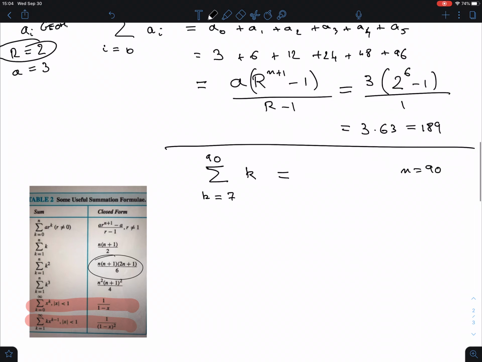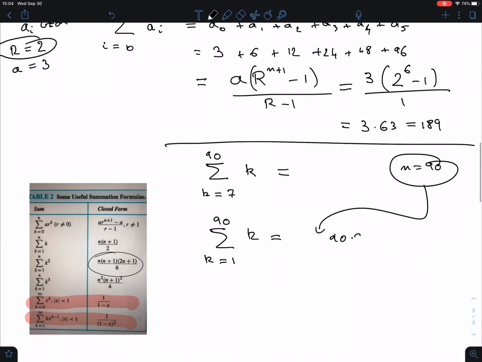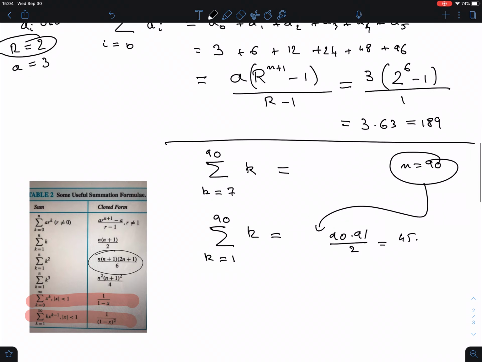So in other words, if we had to calculate the sum from 1 to 90, I can use the table. My n is now 90, and I plug it into this formula, and I get 90 times 91 divided by 2. That is 45 times 91.